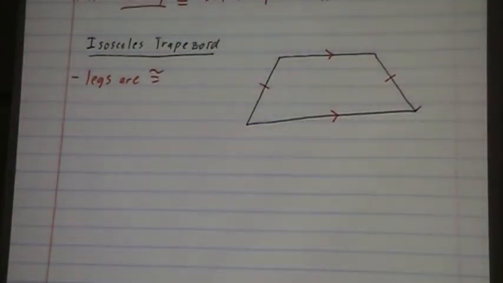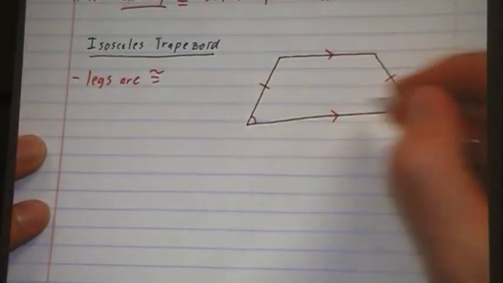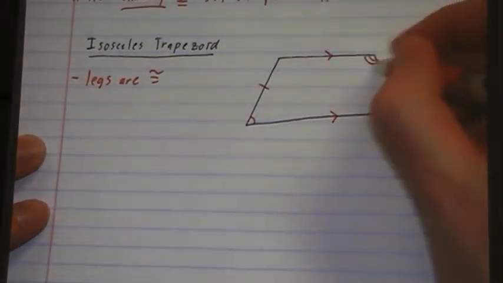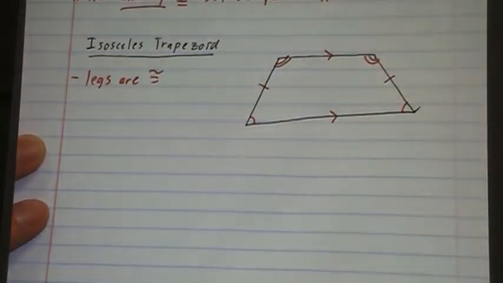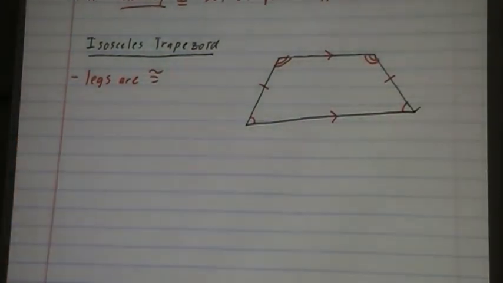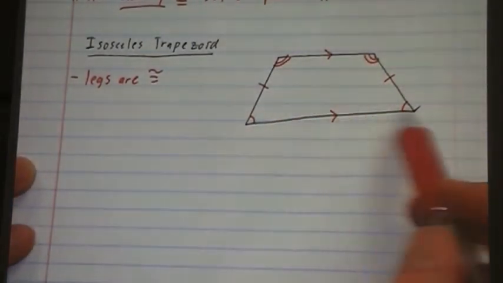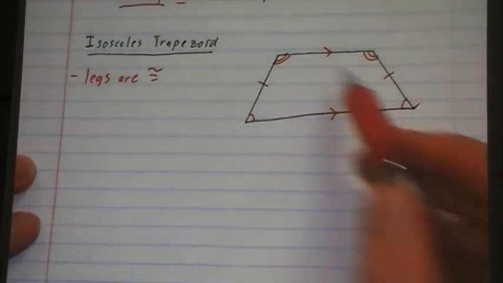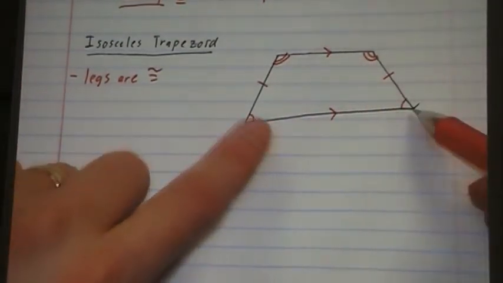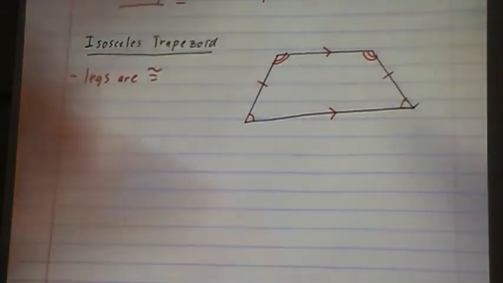Now, the other things that happen is these angles down here are congruent, and the angles up here are also congruent. You're going to be able to get a lot of information if you know something's an isosceles trapezoid, because we call these the base angles. The angles next to the same base. So these angles are the same at the bottom base, and these angles are the same with the top base.